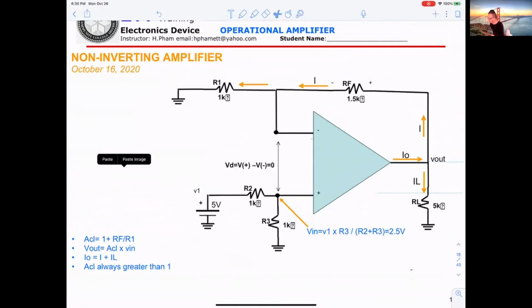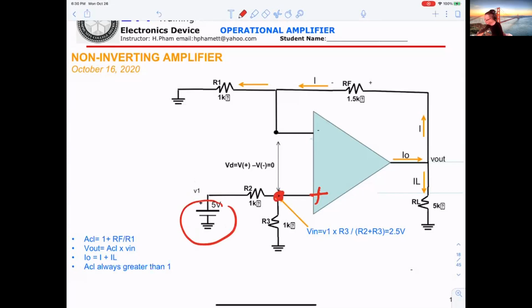The thing is, this is the input here, connected to the positive. So that's non-inverting. However, this voltage here is not the V in. The thing is, they are not connected directly to the positive. So the V in must be right here.